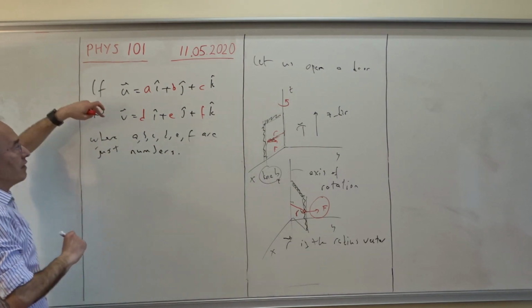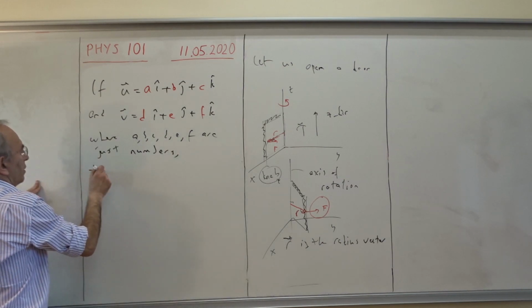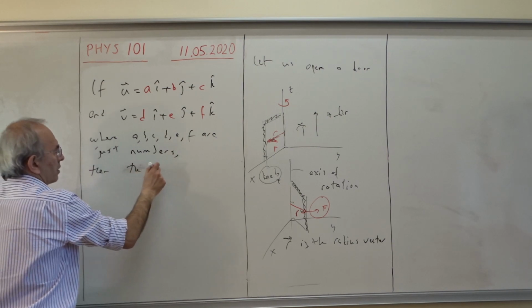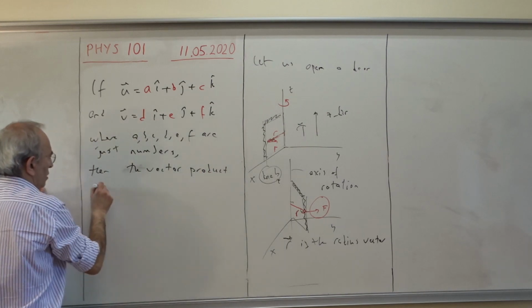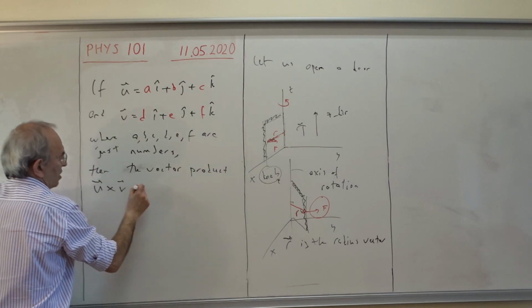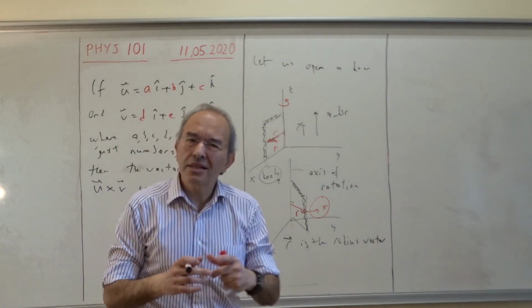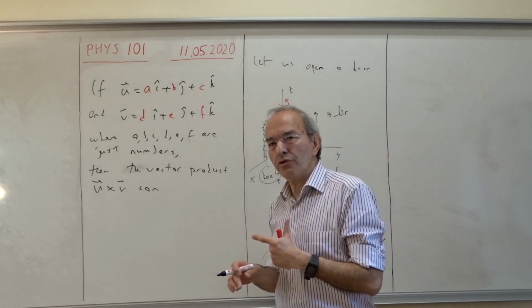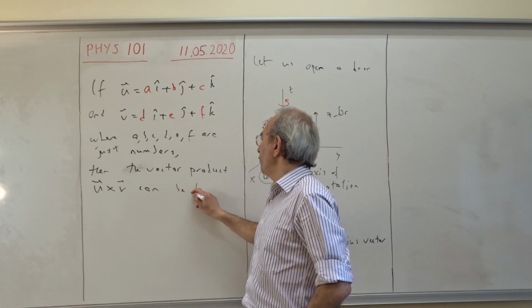If U and V are given by these, then the vector product U cross V can be found. Of course, there are maybe two ways. One is the sort of longer way, but the other is more practical, as I will show you the shorter one.